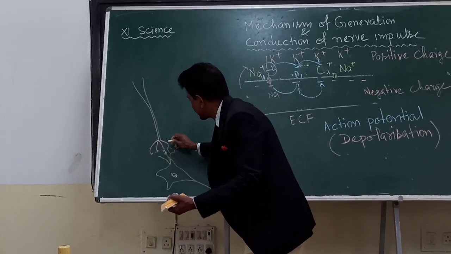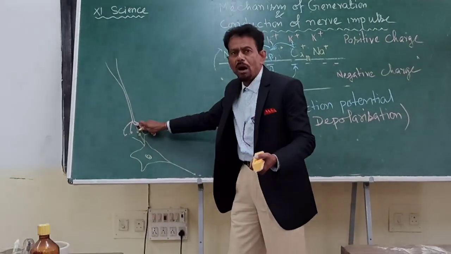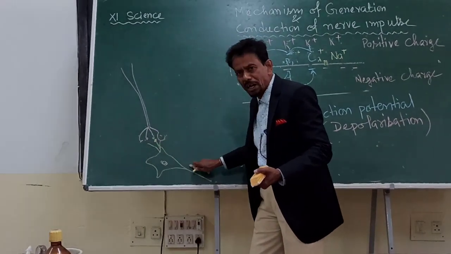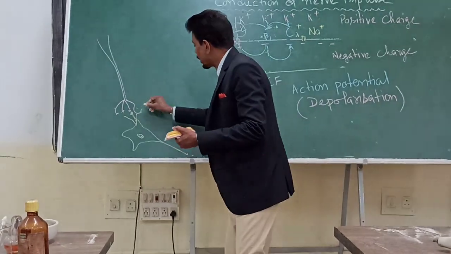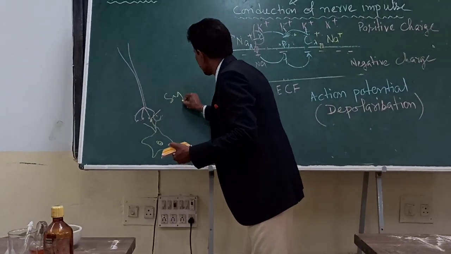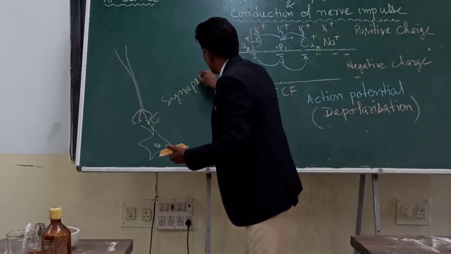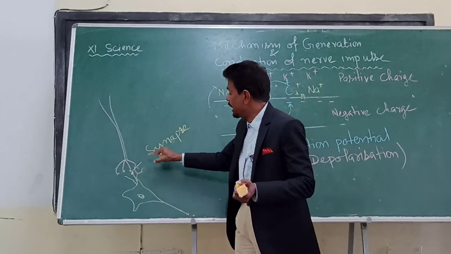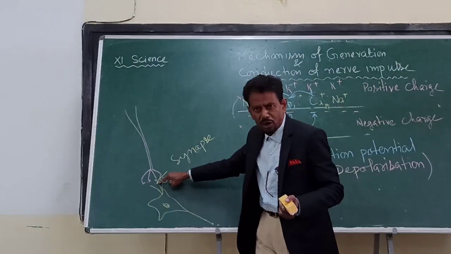Now, the juncture between the end part of one neuron and the dendron of the other neuron, we call it the synapse. What is it called? Synapse. There can be a little gap between the terminal of the axon and the dendron.